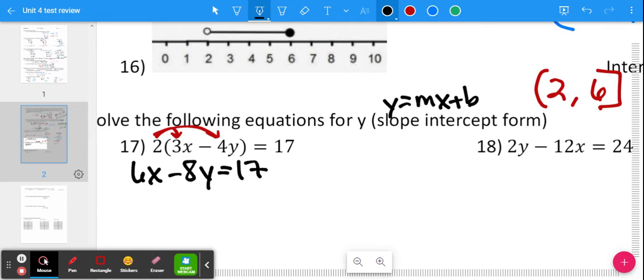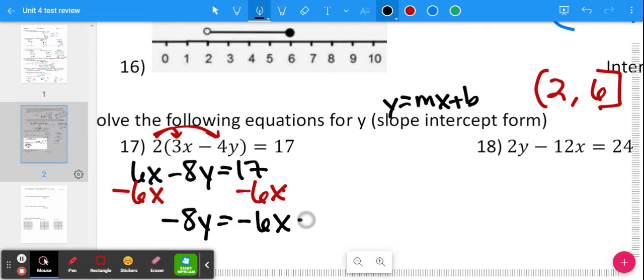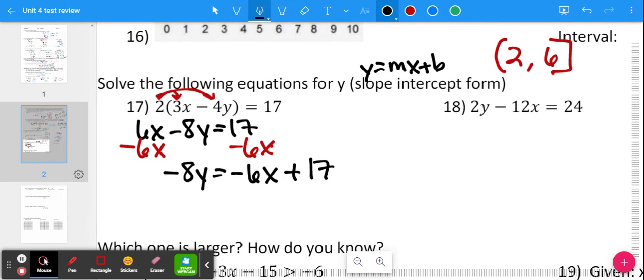So we want to isolate y, which means x is the first thing that has to go. So we're going to subtract this 6x from both sides, which leaves us with negative 8y. And then I want it in mx plus b form. So I'm going to put that negative 6x before that positive 17. And then the last little bit is we have to get rid of the coefficient for y.